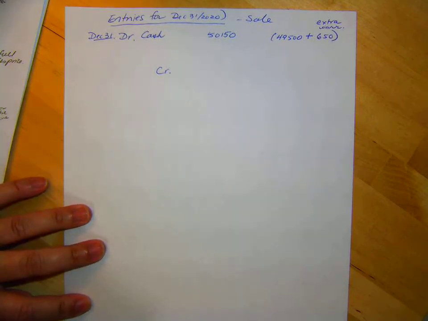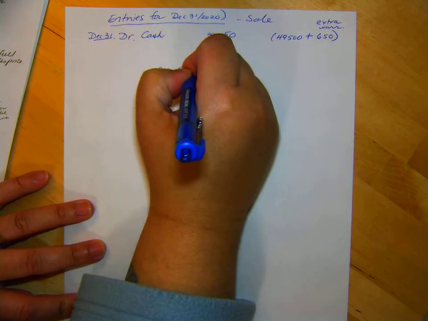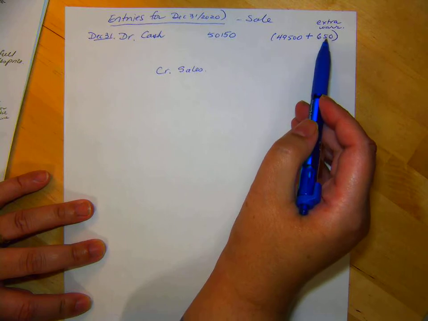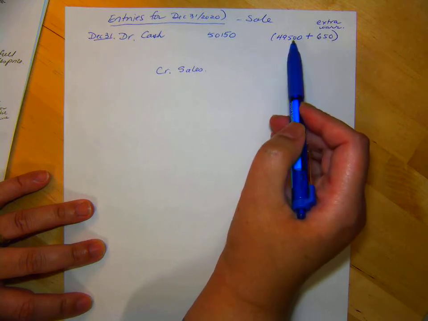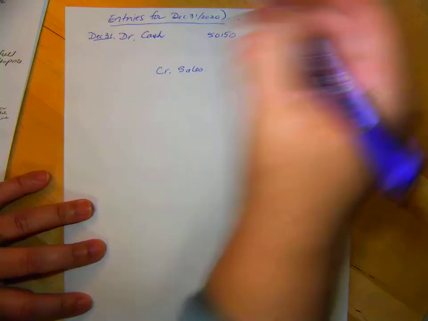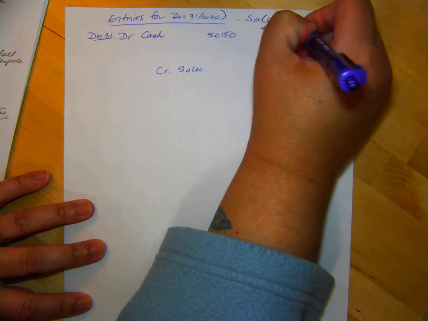Now, can we record sales for this $650? No, because we haven't earned it yet. Now, what do we do with the $48,200 plus $1,300?